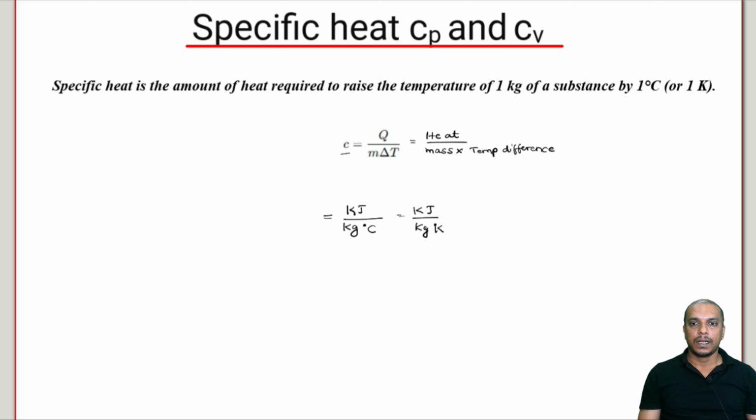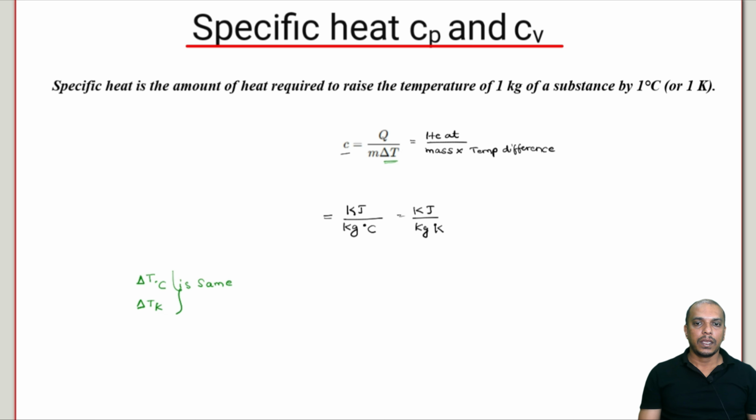Because we are talking about delta T here, whenever we talk about delta T, delta T in degree Celsius and delta T in Kelvin is the same. So there is no need to convert.